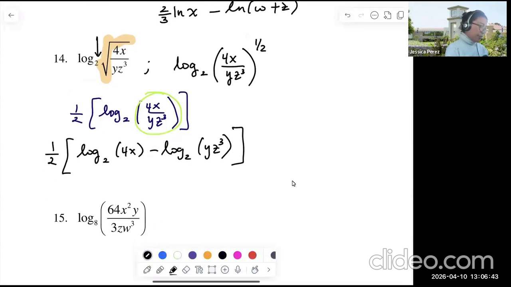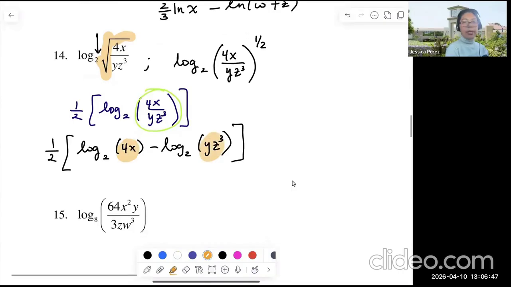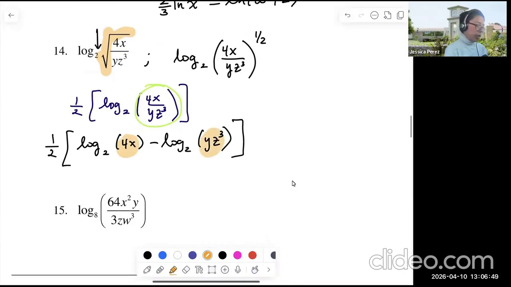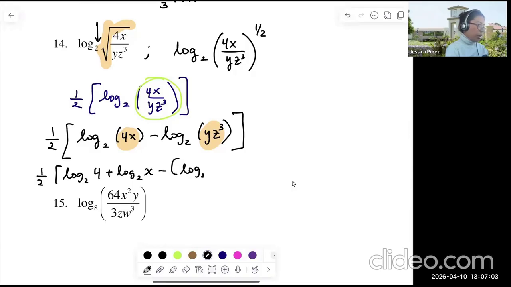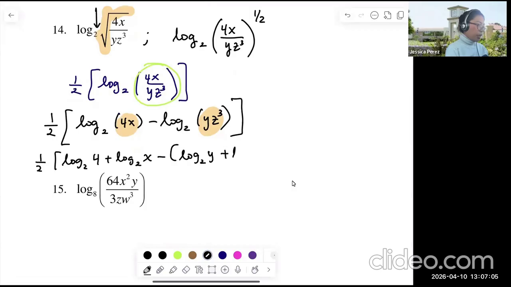So I have a 4 times x, and a y times z to the third, that has to be expanded. So I have my 1/2. I will have log base 2 of 4 plus log base 2 of x minus log base 2 of y plus log base 2 of z cubed.